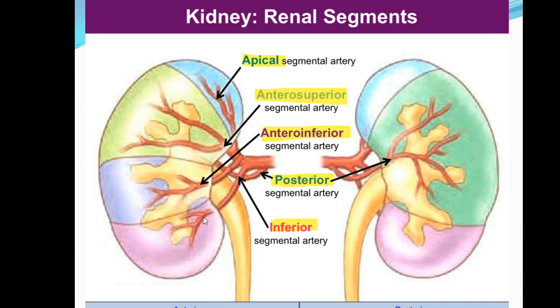And this is the inferior segment. Here, this is the posterior surface of the kidney, and you can see the posterior segmental artery. This is the posterior segment, and here you can see the apical, and here the inferior segment.